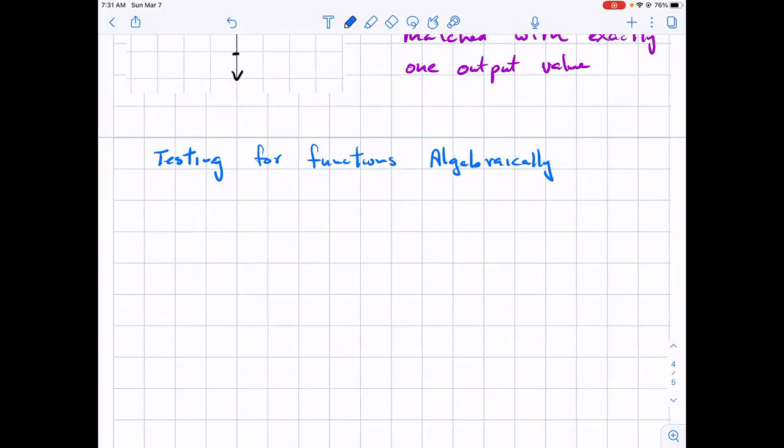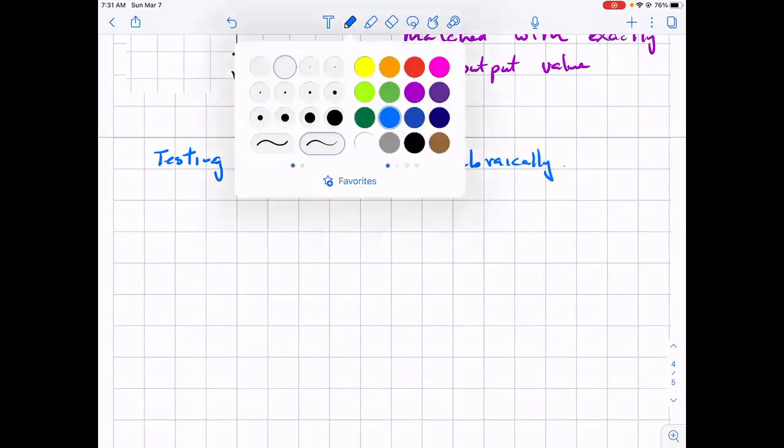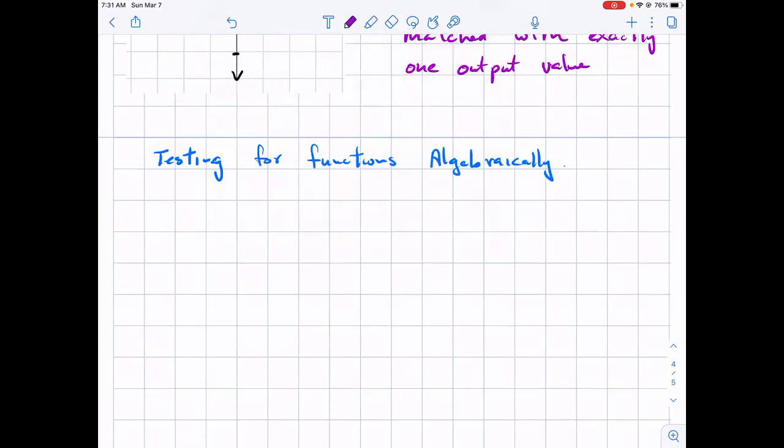So if we have the function, the goal here first, to do this, we must solve the function for y, okay?